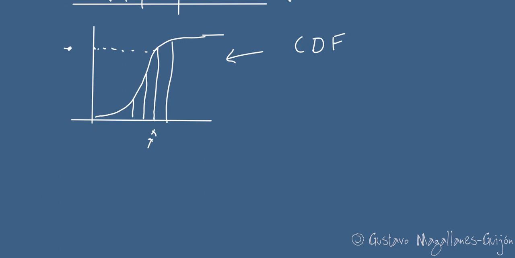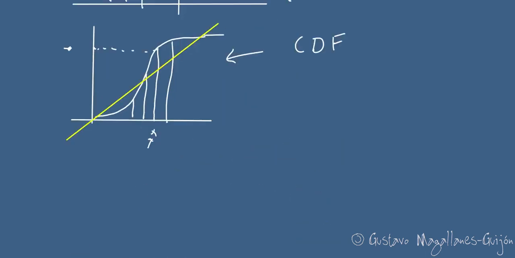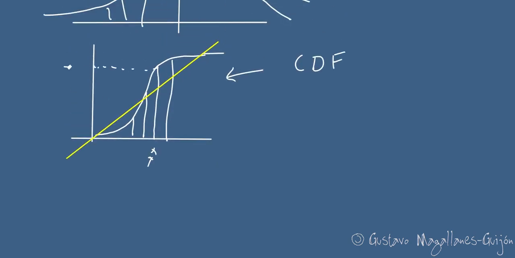The inverse is, if you have this line, the percentile point function has this shape. It is the inverse of this, and this shape is the inverse of the cumulative distribution function.